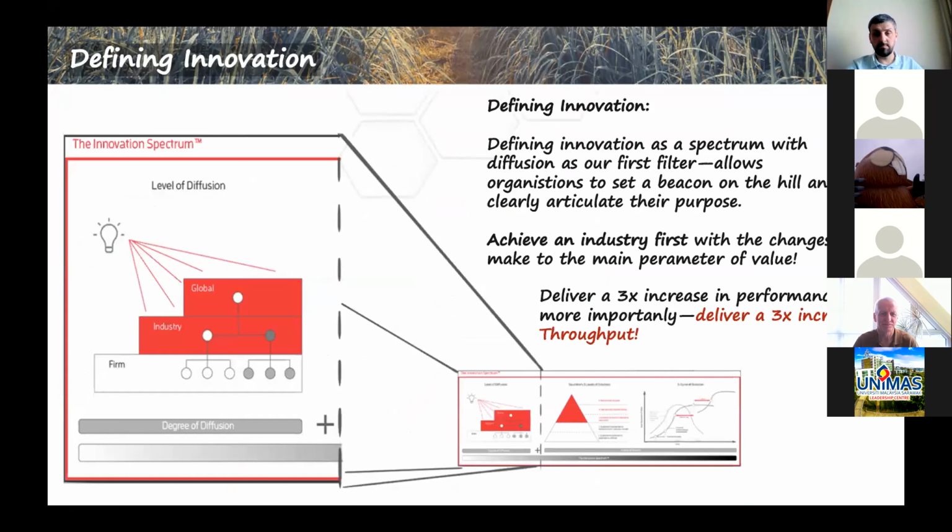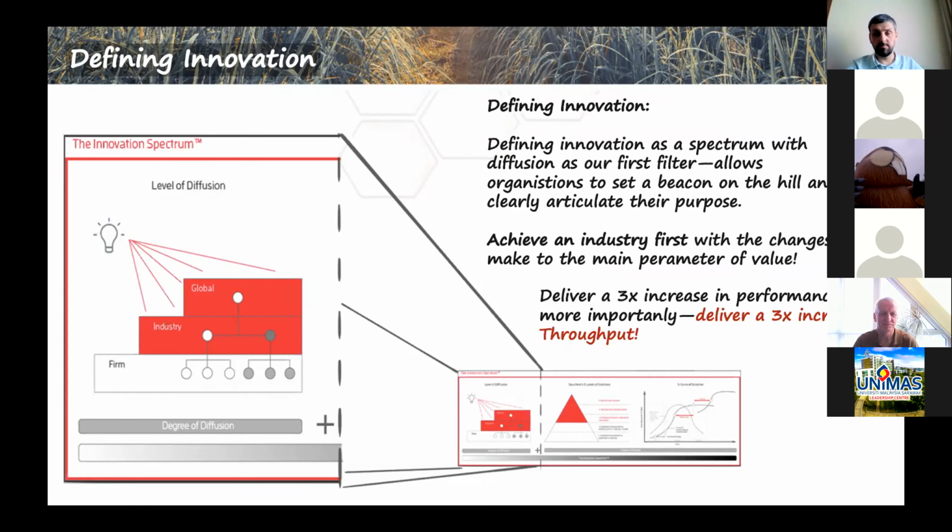Basically, the main thing that I want to hone in on with how we define innovation is the level of diffusion. Many organizations, and most of you folks would know this, right? If you ask 10 people how they define innovation, you're going to get 10 different answers. The main thing that I like to use here is this idea of a spectrum. And I say to the clients, we want to land on the spectrum, right?